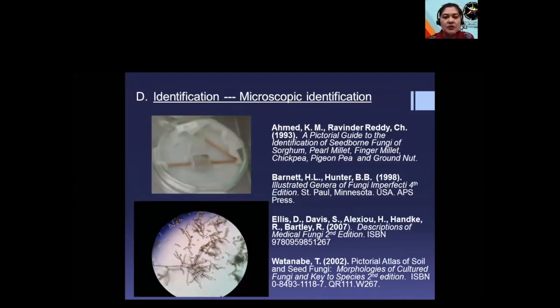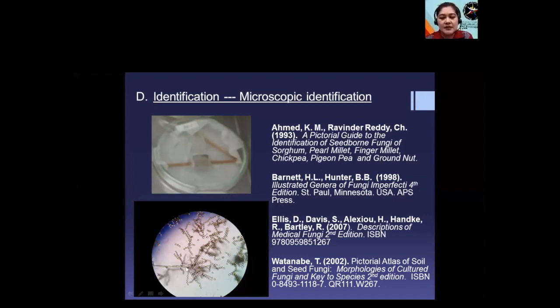Hindi po masyadong clear sa picture ko kasi in bulk ko po sila na picturean, pero I hope you can see this agar block. Tapos meron po siyang itim-itim. Yan po yung nag-grow. So tinanggal ko lang po yung cover slip dyan, and then I placed it on a slide, and this is how it looks like.